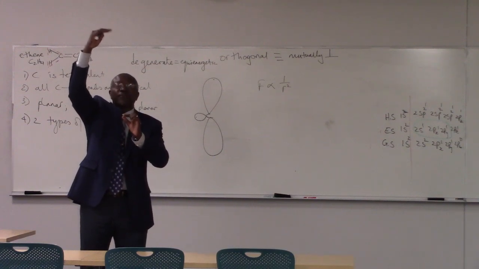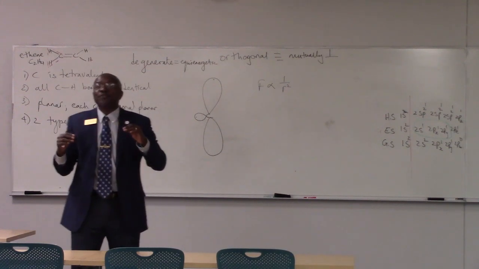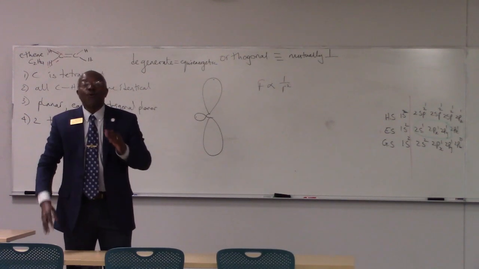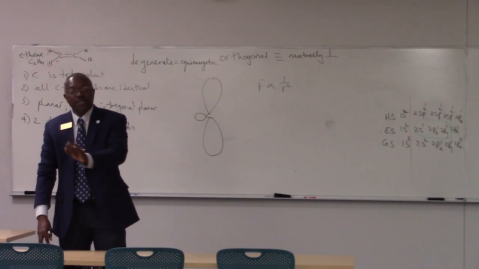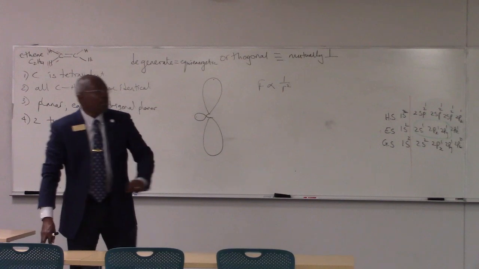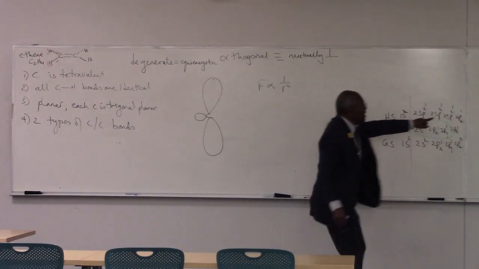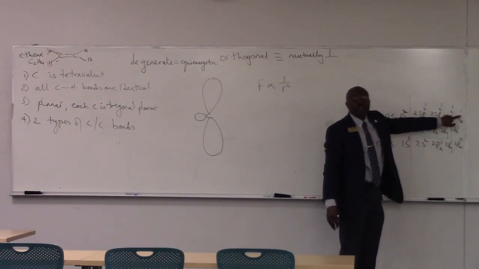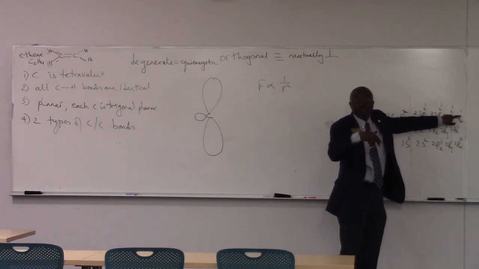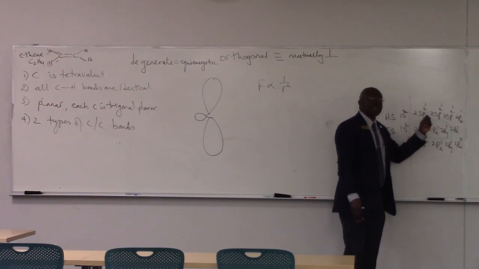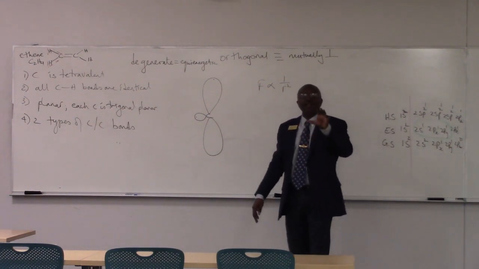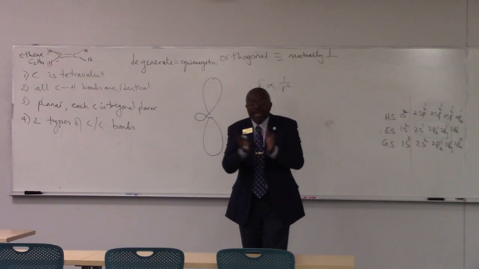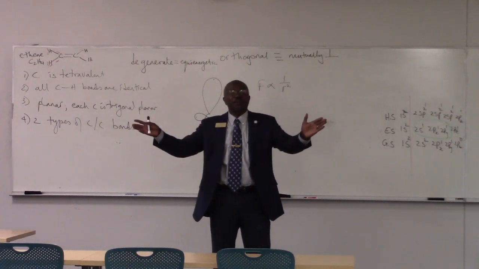So these are too far from the action to exert any repulsion or to have any shape-determining effect. So I'm going to ignore this electron. I have 3 sites of shape-determining electron density, so they repel into a flat triangle, VSEPR theory.